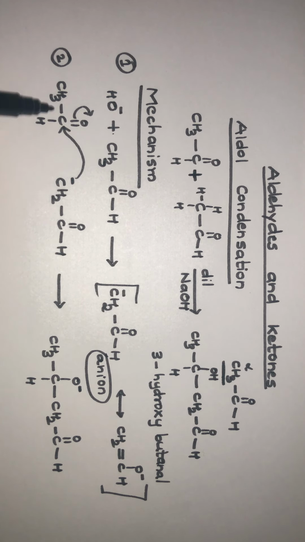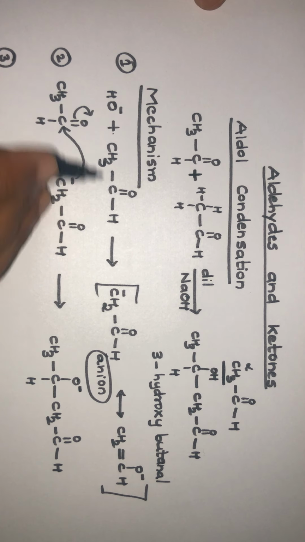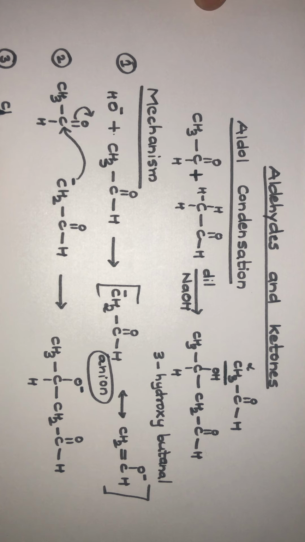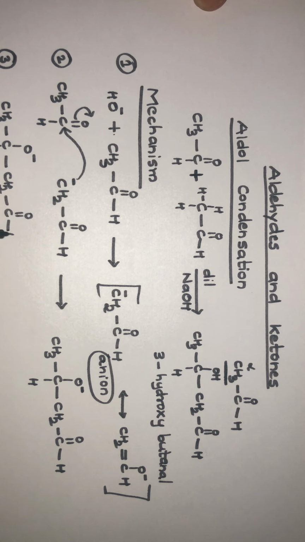So there is a condensation here. In step 3, whatever anion was formed finally abstracts a proton from water that is formed in the initial stage. CH3 C O minus, we have H, CH2 double bond OH.